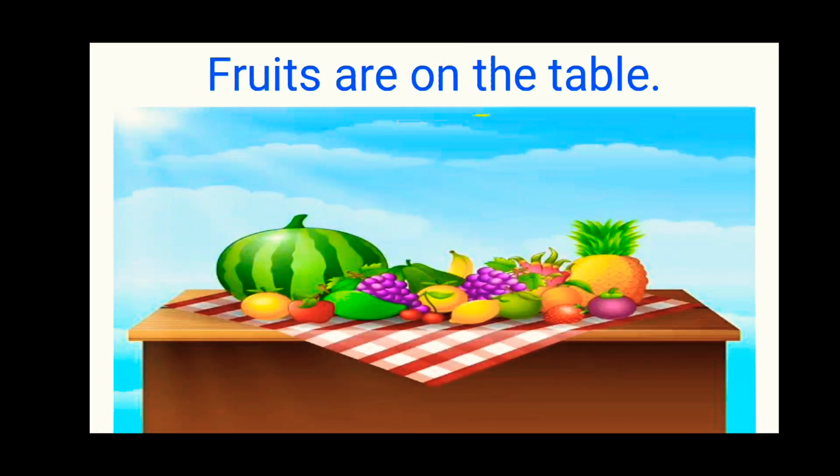On is used when one thing is on top of another thing, and both of the things are touching each other. So one thing is over another and they are touching each other, then we use on. So fruits are on the table.